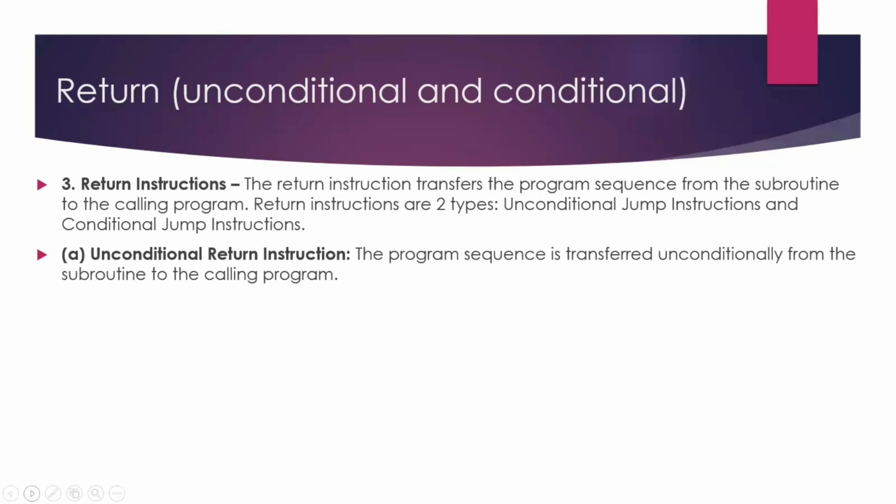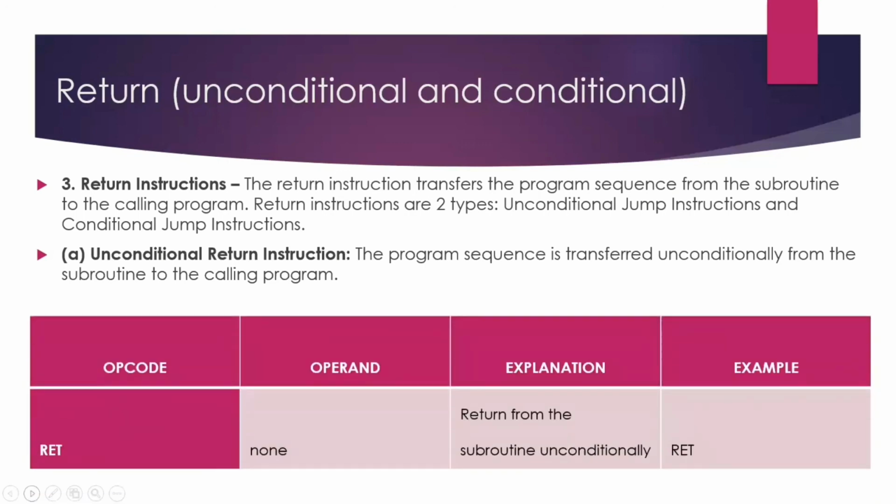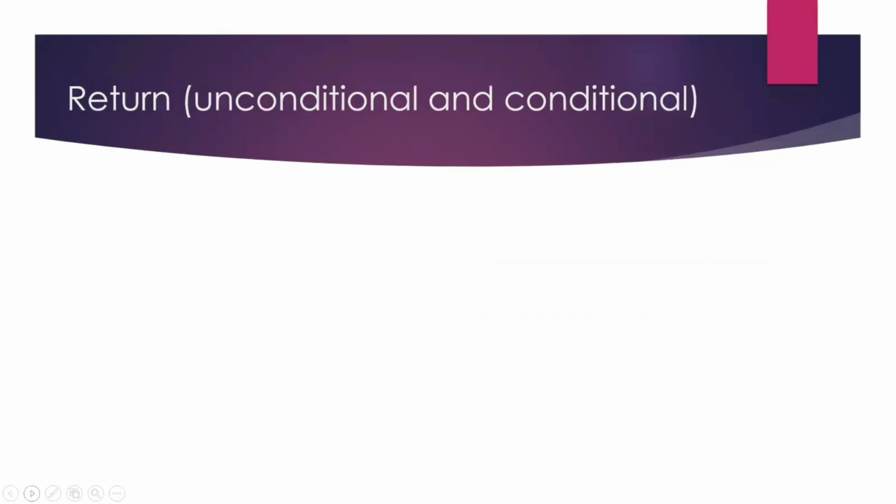The calling program is nothing but the calling function or instruction. Opcode: RET is return from the subroutine unconditionally. The return is unconditionally written back to the instruction to provide a specific address location in memory.